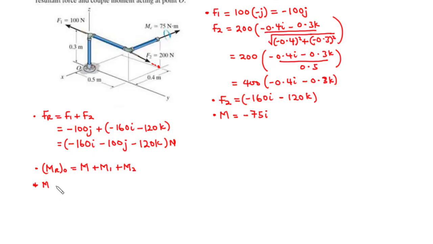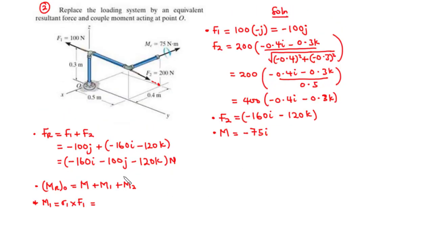Let's find the values of M1 and M2. So for M1, it is equal to the cross product of r1 and F1. Now r1 represents the position vector directed from O to the line of action of F1. So this is r1. This is the position vector r1. So from this point, if you want to move along the z-axis to touch this force, then you are going to move 0.3 meters upward.